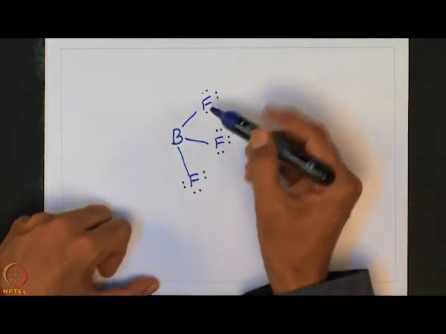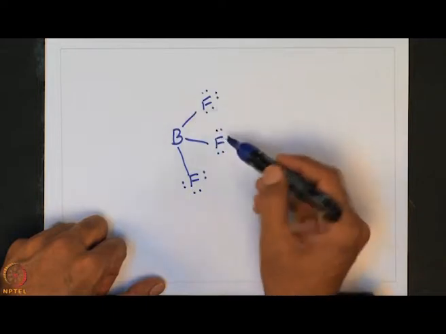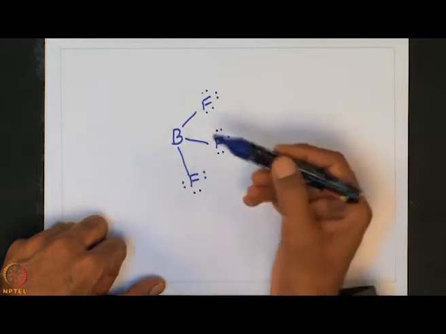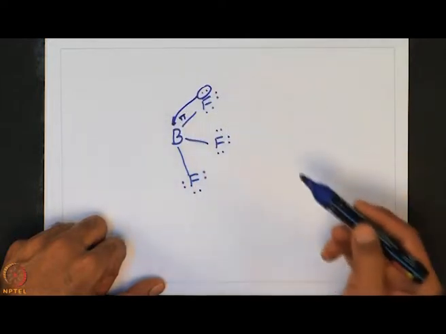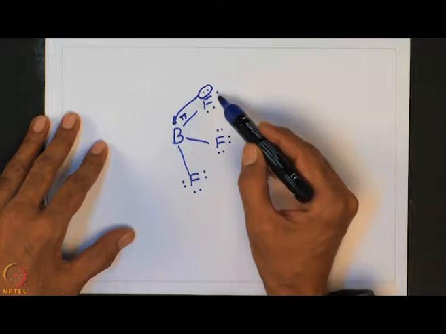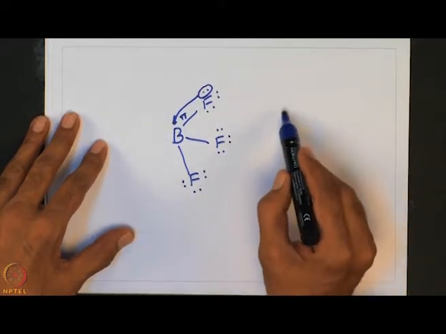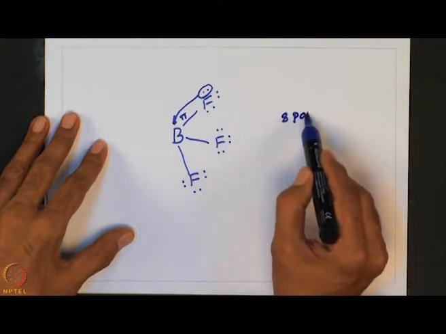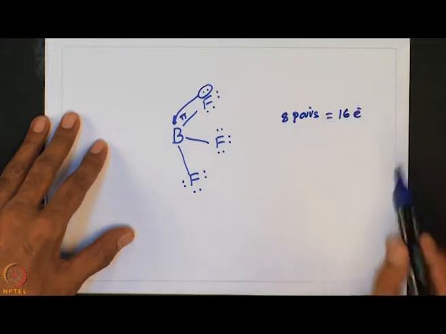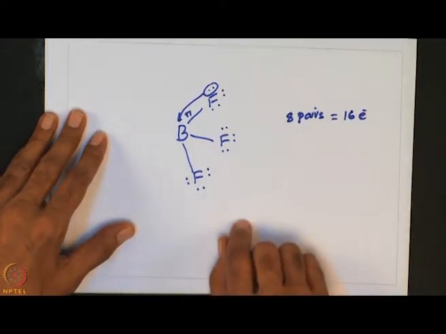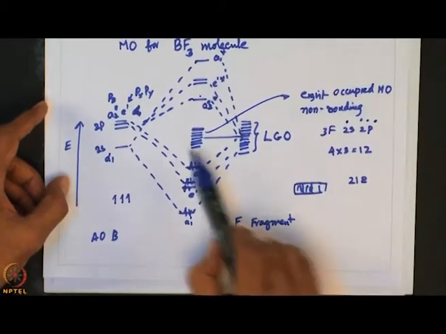So, because octet is satisfied for fluorine also, 2, 4, 6 and 8, 2, 4, 6 and 8, 2, 4, 6 and 8. Now, one of the lone pairs has gone through pi bonding. So, how many electrons are left now? We shall count 1, 2, 3, 4, 5, 6, 7, 8. 8 pairs, that is 16 electrons now. Okay. So, these 16 electrons essentially occupy these 8 orbitals.